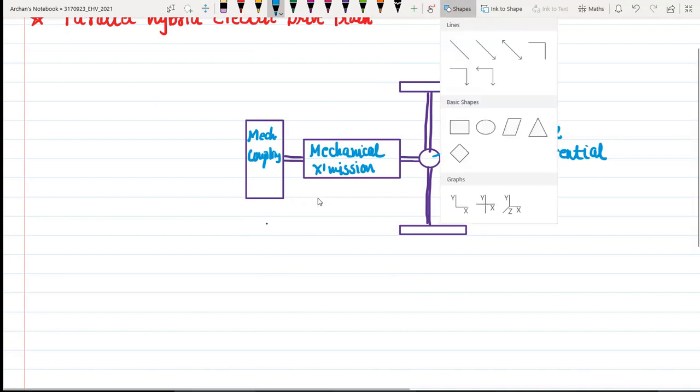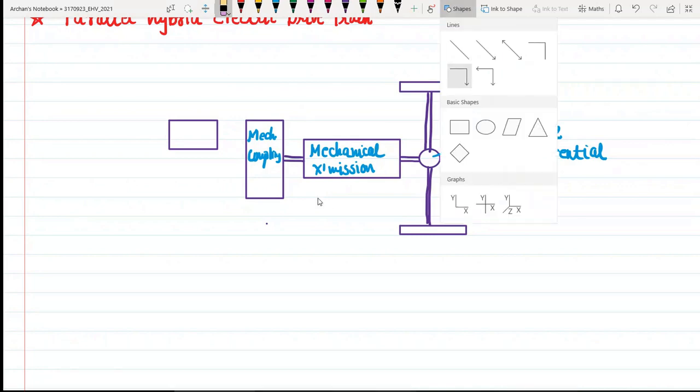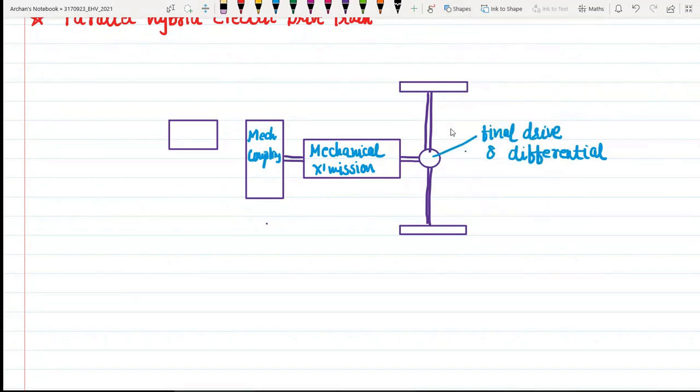So we have the IC engine over here, and then there is a motor right over here.